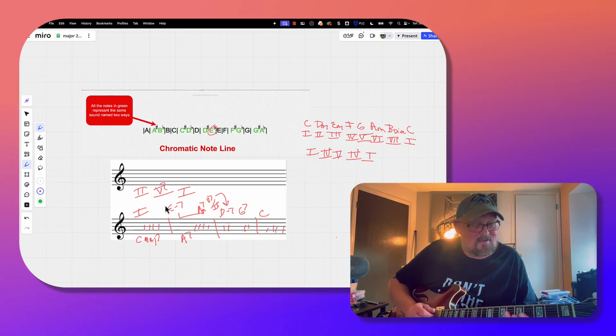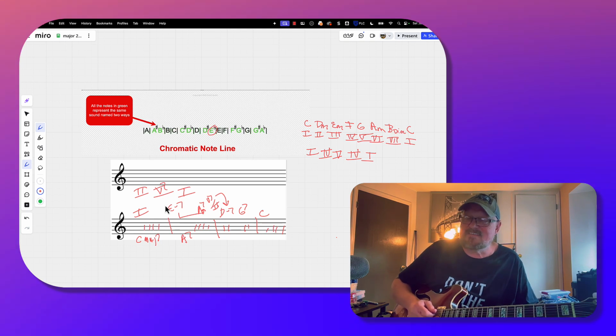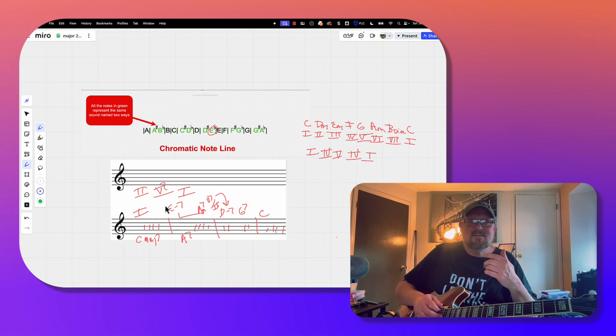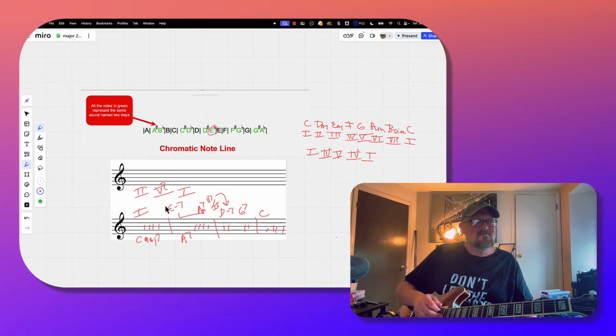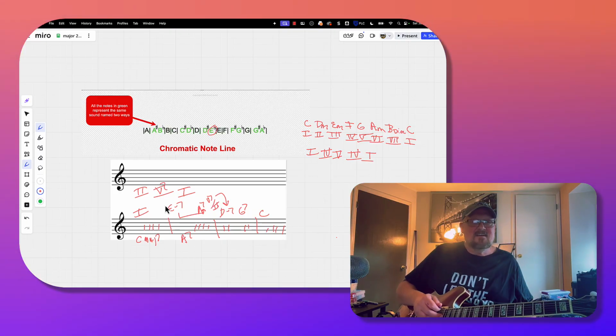But anyway, get those two concepts under your belt, and then next time I'll show you the substitute dominants. They call it the tritone substitution. You can get some really nice lines, mostly jazz lines and chromatic lines when you use what's called a tritone substitute.